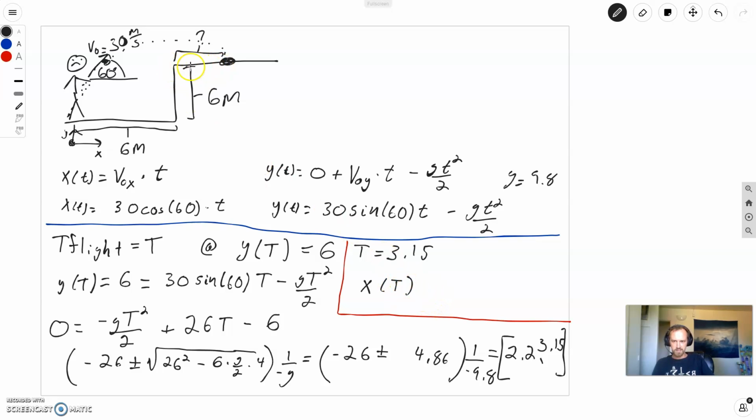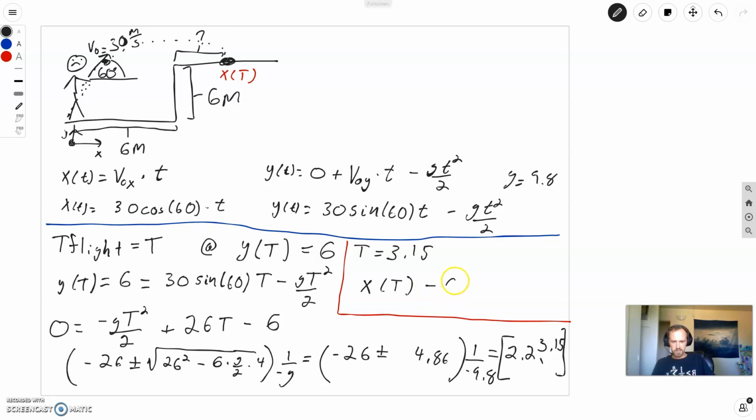So then I evaluate x of t. And then I want this little distance here. So I'm going to minus 6. Right? Minus 6, because it's traveled 6 meters. And we want to know how far is it onto the roof. This point is x of t. So then to get this distance, I subtract 6.